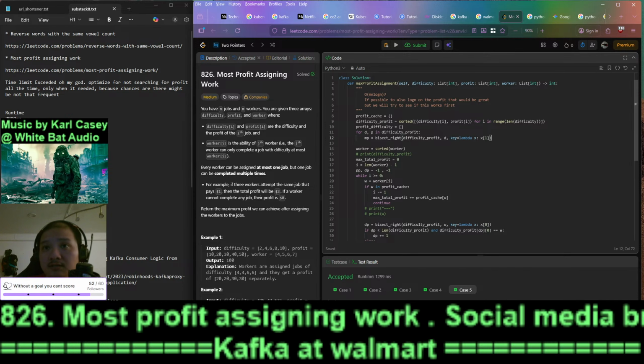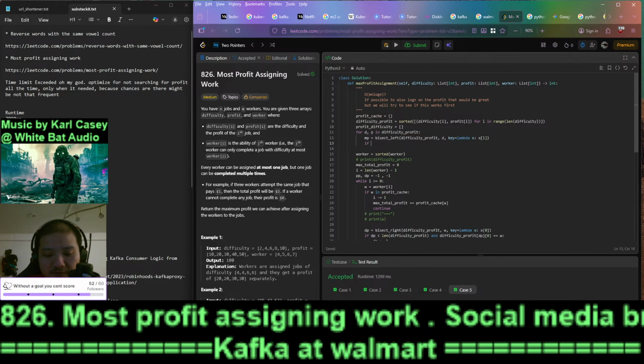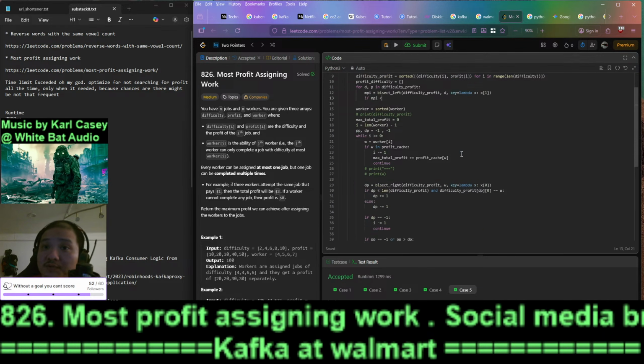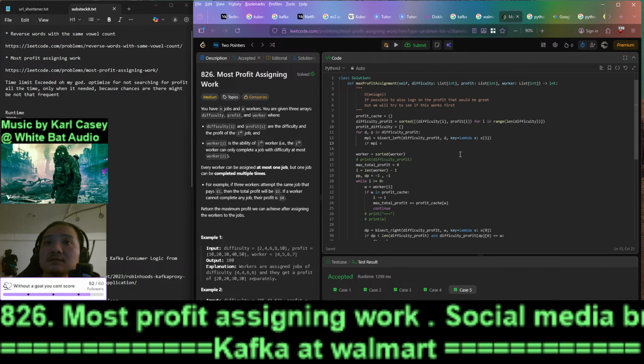Right, so basically we bisect left, right? Right. So if MP is equal to -1 and less than 0, this is MPI. So what do we do here? If MPI, so this is what if we couldn't find the value, right?